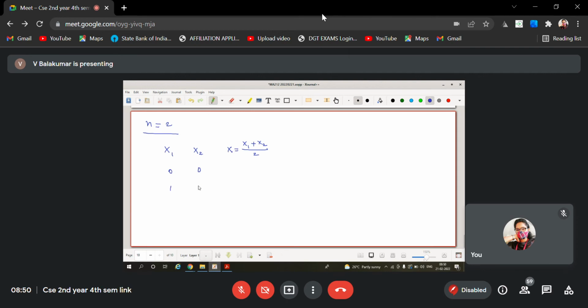One failed, one passed. One passed, one failed, or both are passed. These are the possibilities. So if I consider the average, it is 0. For this, it is 1 by 2. For this, it is again 1 by 2. For this, it is 1. What do I have here? These are the possible values for this capital X.